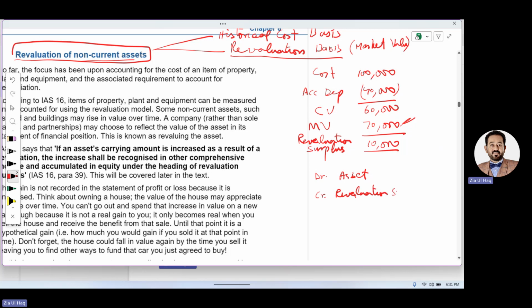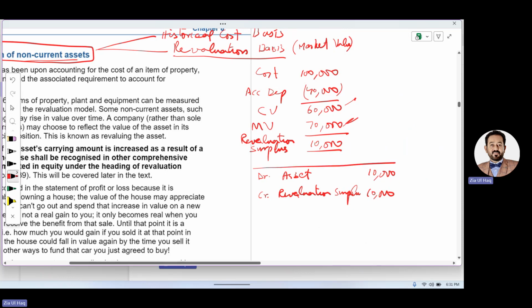The surplus is only 10,000, so the asset will be increased by the revaluation 10,000. In your books the asset was 60,000. Now you are adding 10,000 more, so the asset will automatically become 70,000 at year end. This is the accounting entry to record a revaluation surplus.